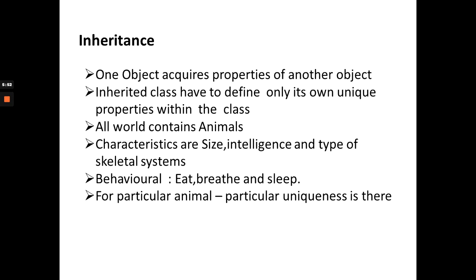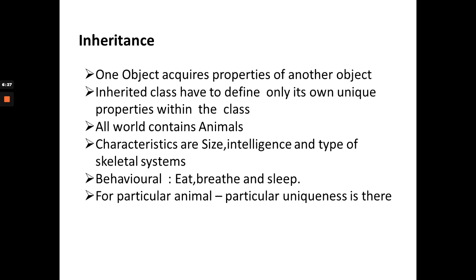Every animal has those characteristics, and the behavior is also the same: eat, breathe, and sleep. All animals do these three things compulsorily. But what is unique to a particular animal will be listed in that particular animal's class. For example, if you consider an elephant, it is very huge and it has separate characteristics.